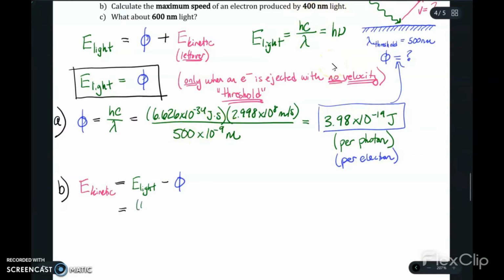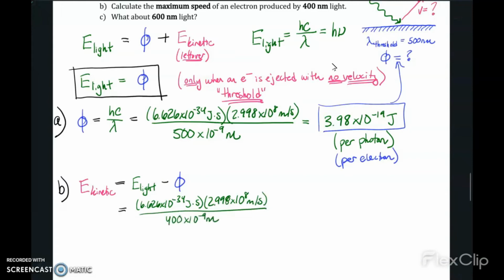So for the first part here, I'm going to put the 6.626 times 10 to the negative 34th joules seconds. I'm going to put the 2.998 times 10 to the 8th meters per second. But on the bottom, I've got 400 times 10 to the negative 9th meters this time, because it's a different wavelength that I'm using in this part of the problem.